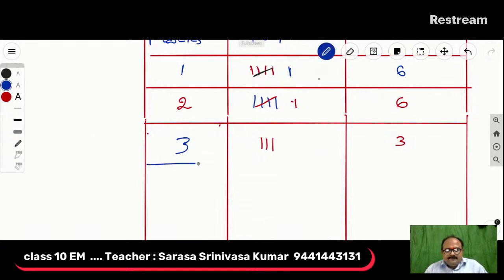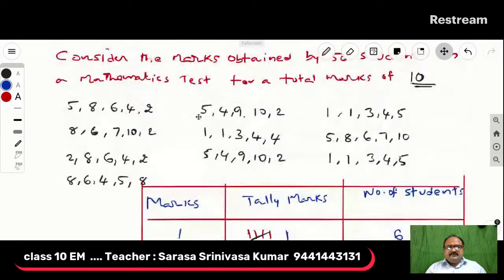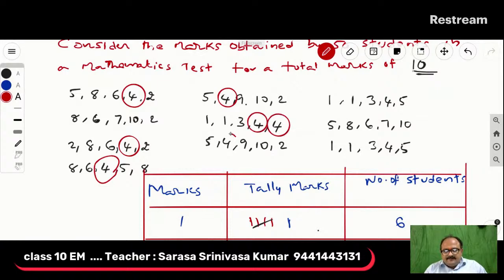Now we note down the marks for 4 marks. How many students got 4 marks? We will see this. Here 1 student. Next, second student. Third student. Fourth student. Fifth, sixth student.